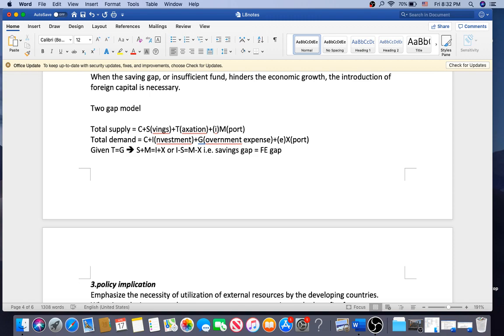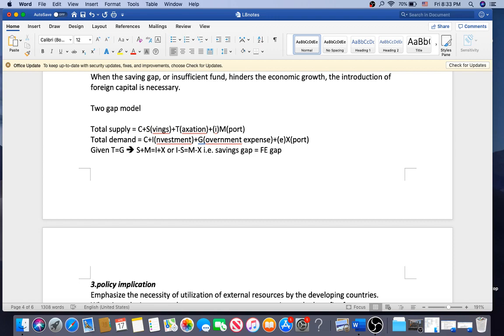The latter, M minus X, is the foreign exchange gap. So that is how those gaps are defined.